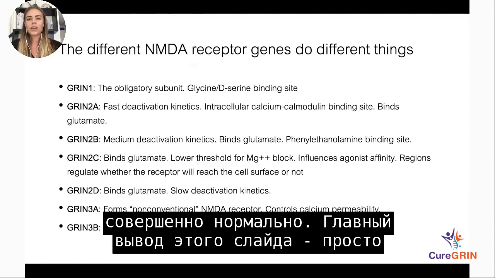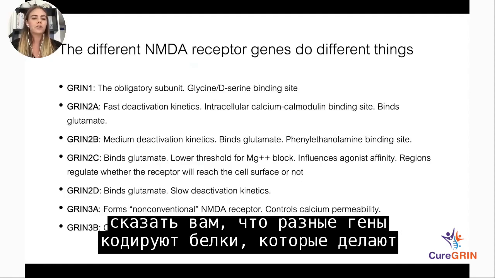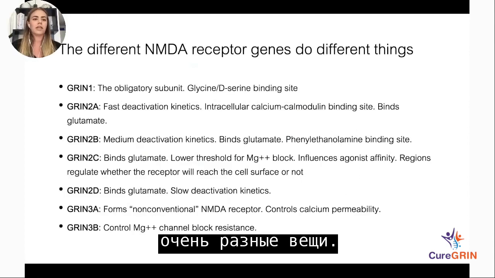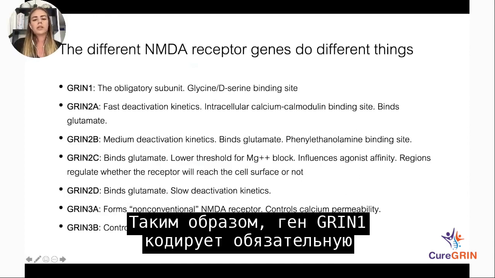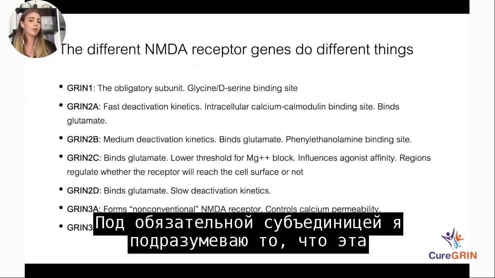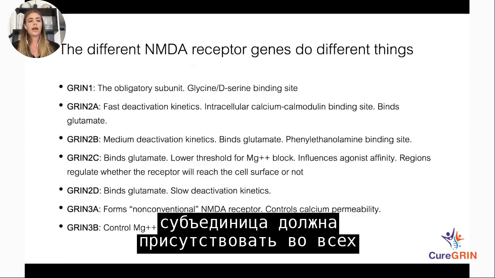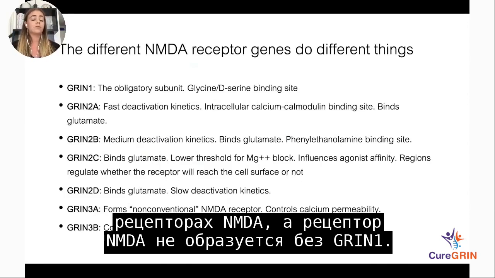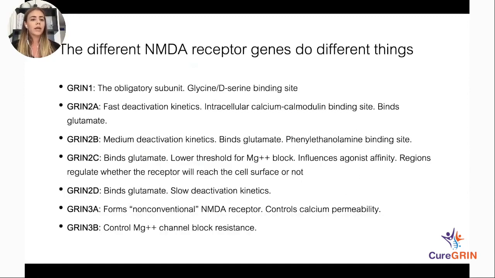The main takeaway point of this slide is just to tell you that the different genes encode proteins that do very, very different things. So the GRIN1 gene encodes the obligatory subunit, and it contains the glycine and D-serine binding site. What I mean by obligatory subunit is that this subunit has to be present in all NMDA receptors. An NMDA receptor doesn't form without GRIN1.